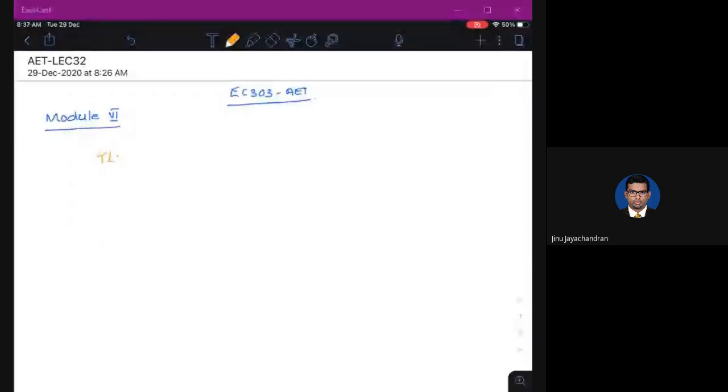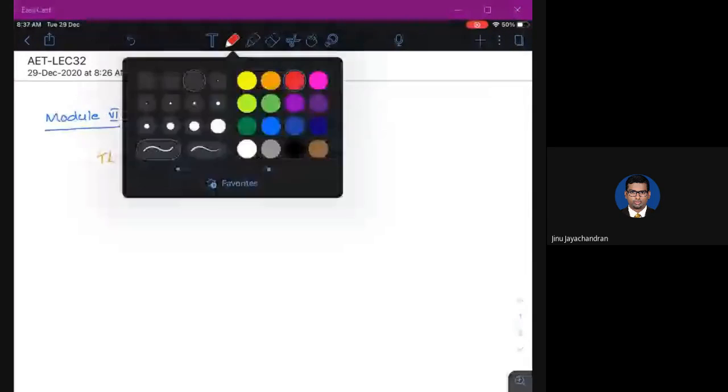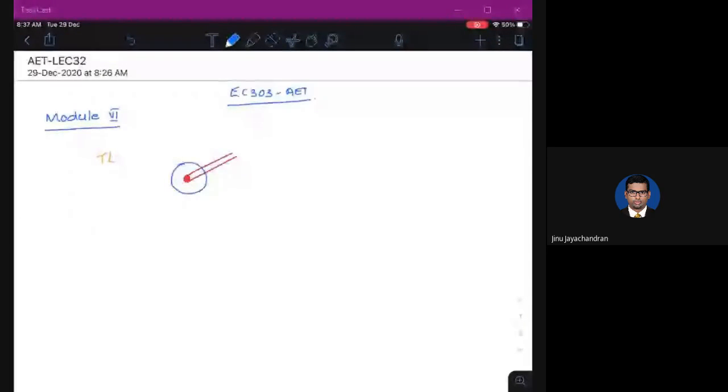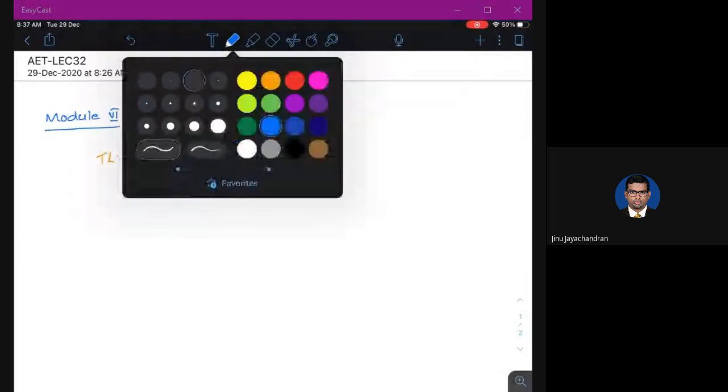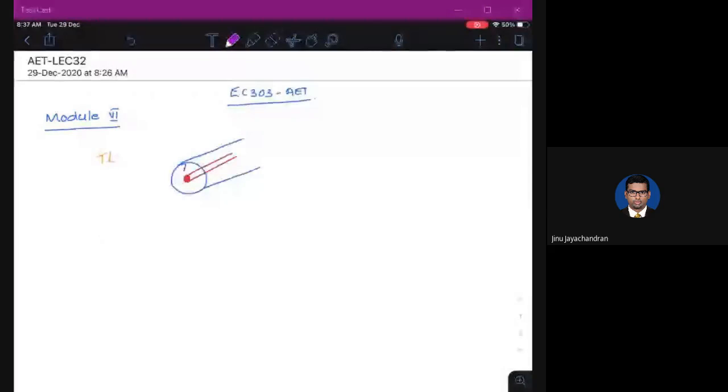So in a coaxial cable, you have an inner core, and then there is an outer core, something like this. Okay, and the wave is propagating through a medium in between these two. This is one kind of transmission line. It's a coaxial cable. Okay, this is a transmission line.